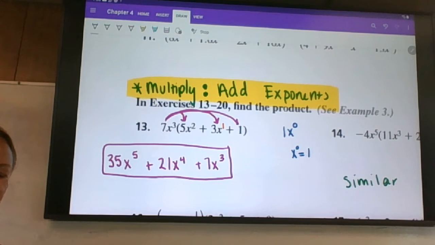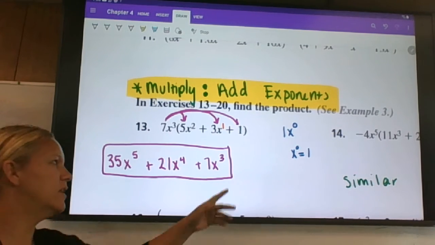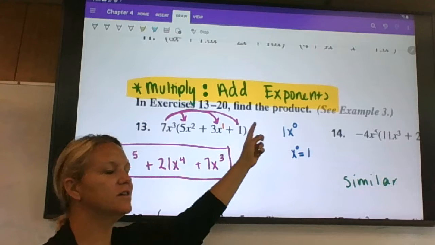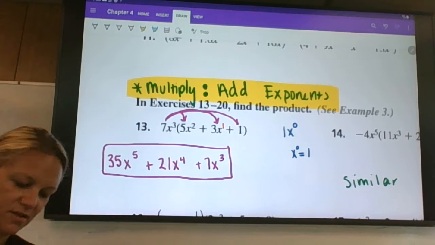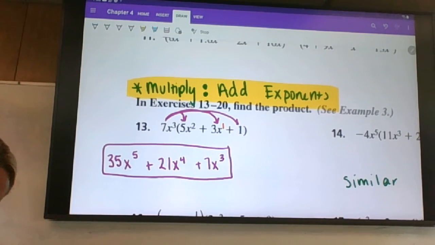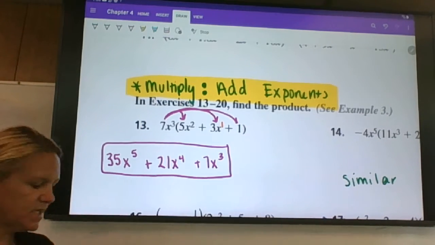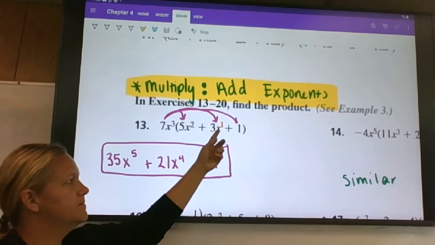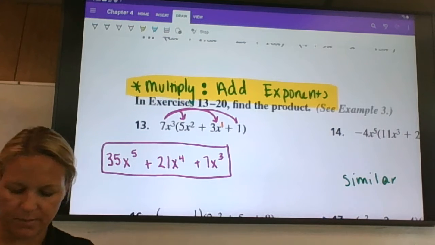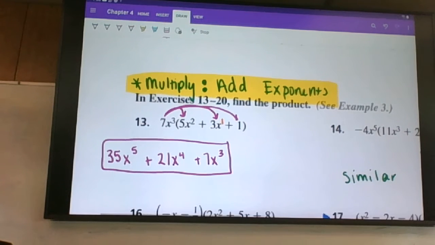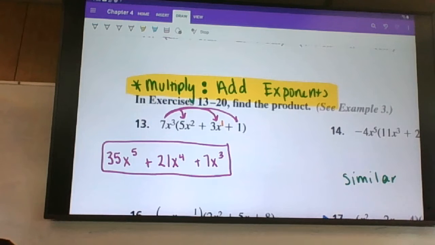So it's like gone. That's why there's just a 1 there. We call that a degree 0, because it's x to the 0. That was a really interesting question. Very good. Yeah, I'm just adding the exponents on the variable. So those numbers I don't really care about. Exactly. Yep.